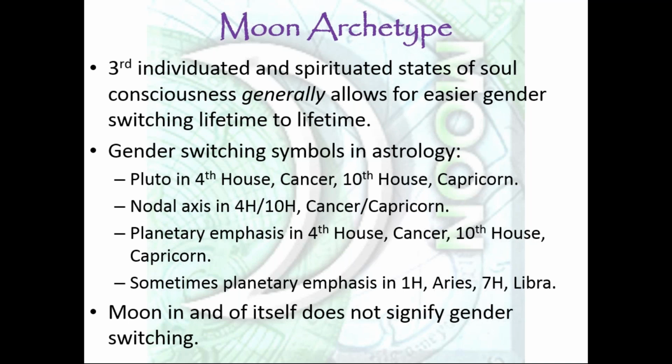I've even had time periods where I'll see emphasis in the squares, first house Aries, seventh house Libra, to Cancer, Capricorn, fourth, 10th. And there'll be times where I'll just get an intuitive hit and it's just like, well, let's look at this issue. And feedback will come.